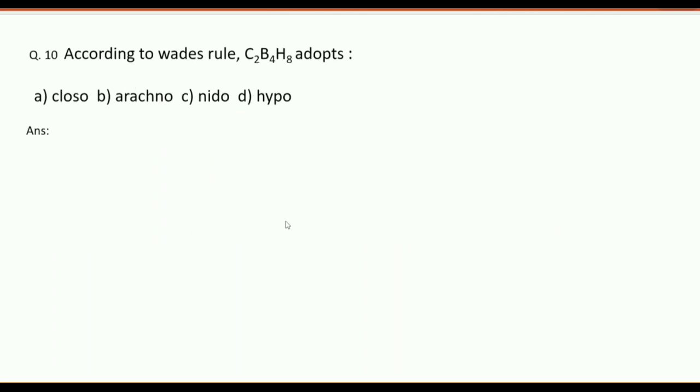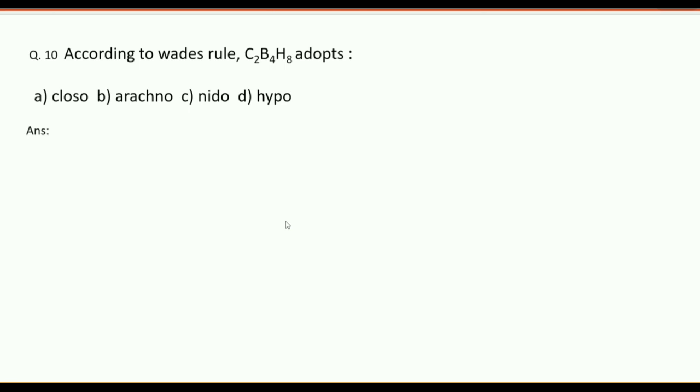Question, according to Wade's rule, C2B4H8 adopts closo, arachno, nido, hypo. So we have to find the structure using Wade's rule of carborane. So I already discussed the structure of carboranes. So I will give the link in the description of that video. You can check it out.